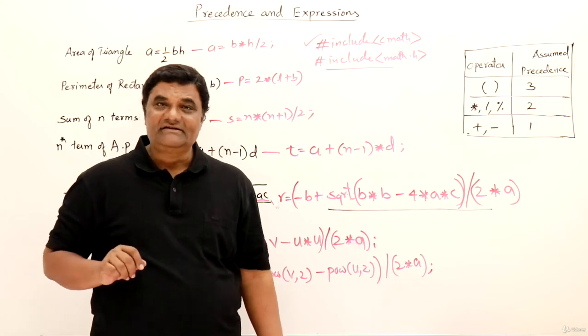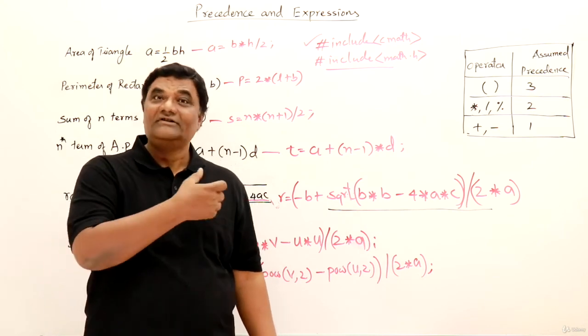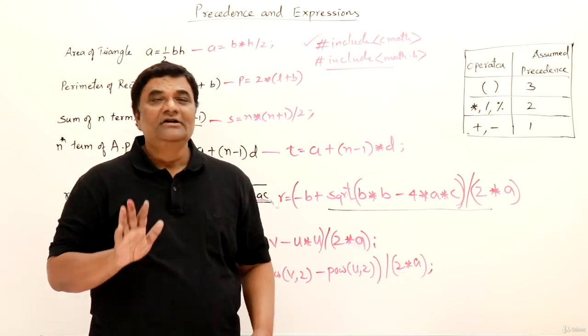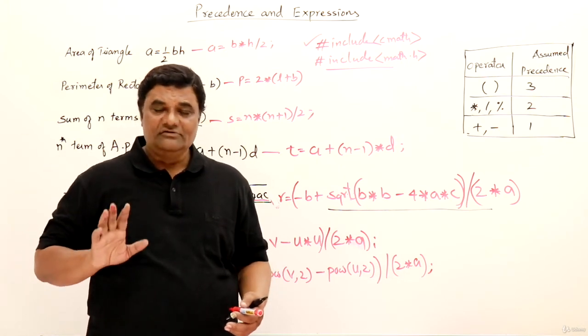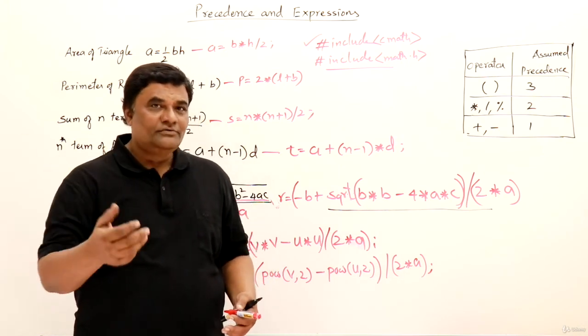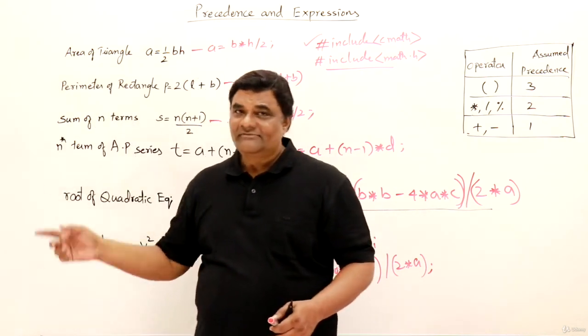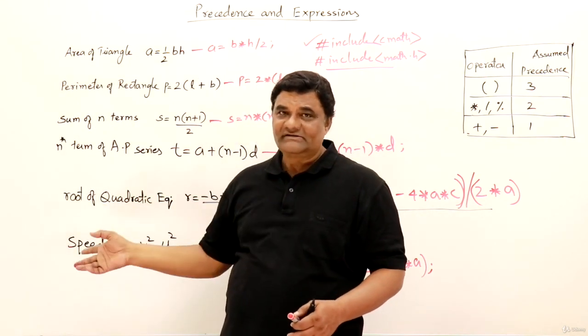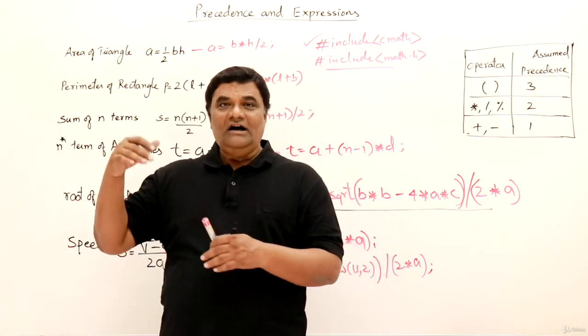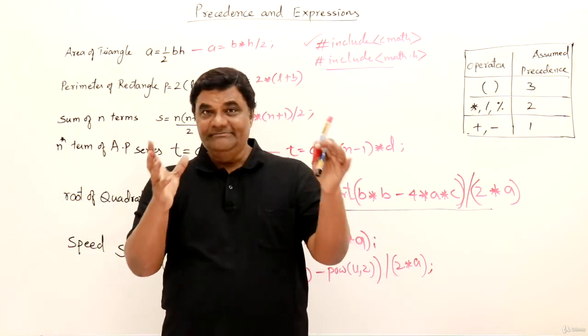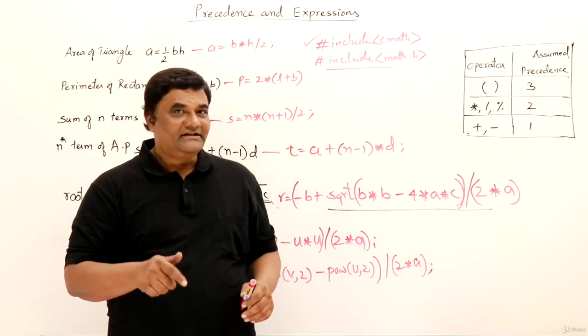Don't think that you have learned it once and now you can do it every time. Whenever you find a formula, write it in C++. Next video we will write programs using these formulas. For each I will write a program and show you. There we will learn how to convert these things into a complete program. So that's all in this video.